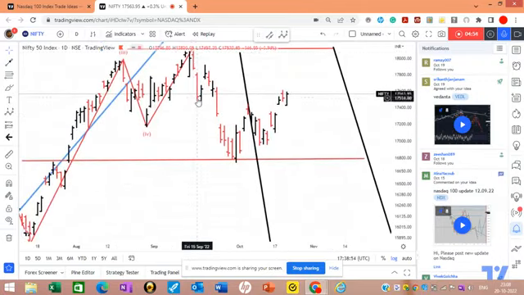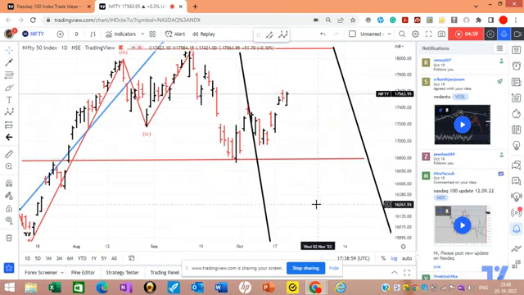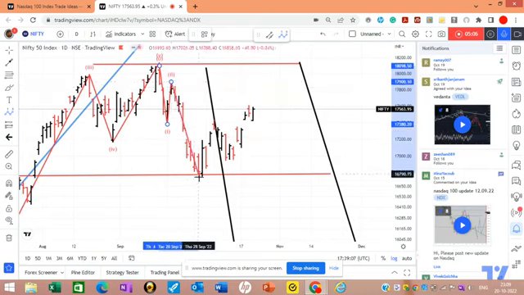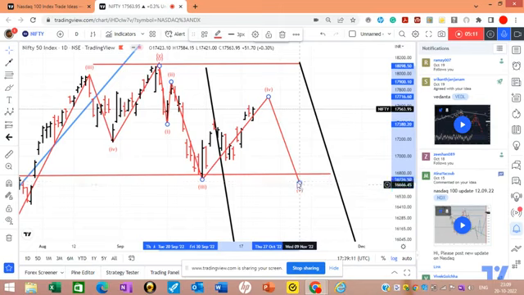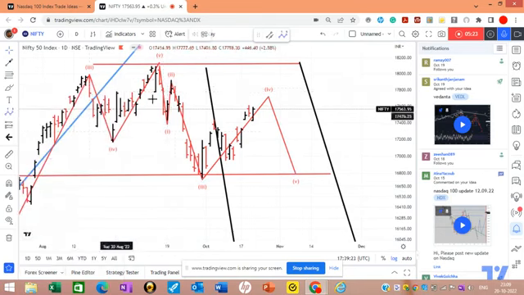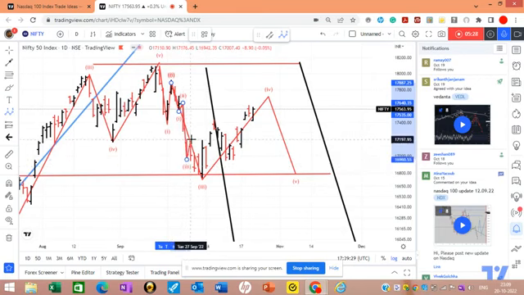This is a five wave decline. One, two, three, four, and five. So I will mark this 1, 2, 3, 4, and 5. I have extended the third wave. 1, 2, 3, 4, and 5.